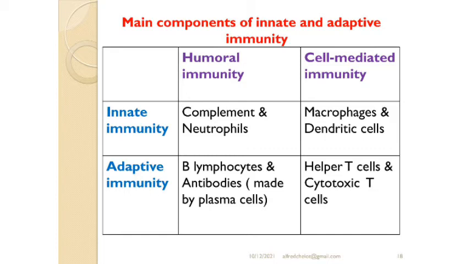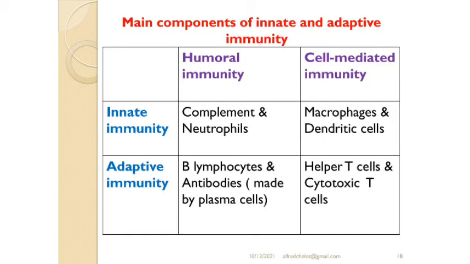The humoral component of innate immunity is mainly made up of the complement and neutrophils, whereas the humoral component of adaptive immunity is composed of the B lymphocytes and the antibodies, which are made from the plasma cells.